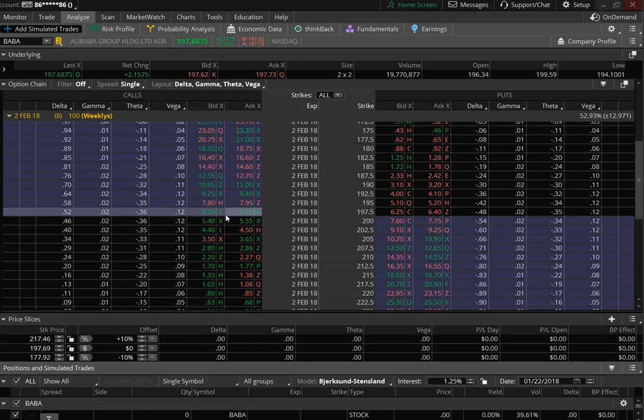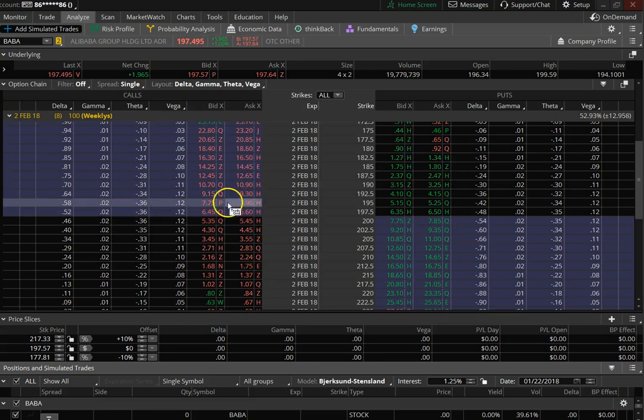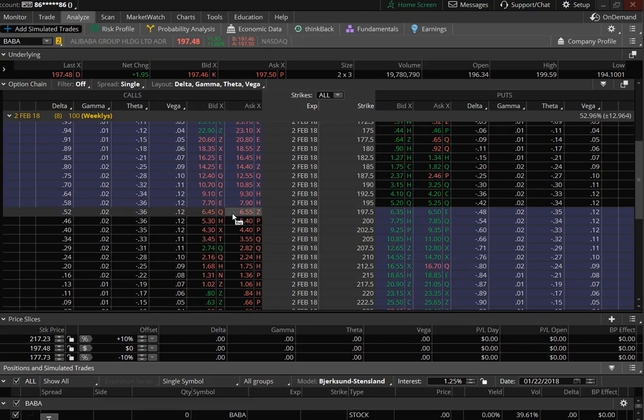So if you were to buy this option, you would probably pay the ask, which is around $6.65 per contract, or $665. You are basically putting this entire premium amount at risk, because if nothing happens and it stays the way it is, that entire amount will be lost.